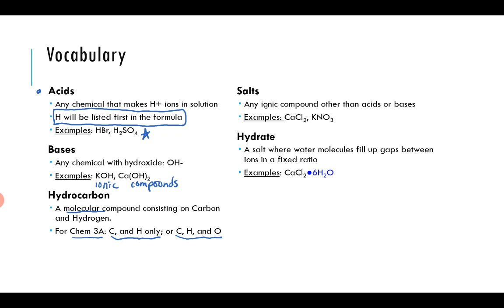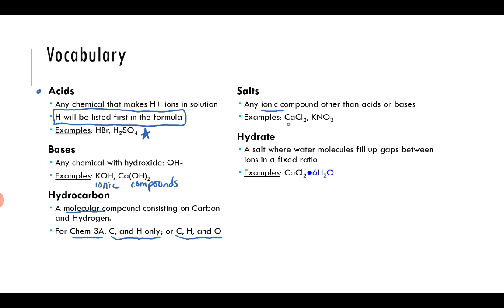Next up, we have salts. Salts are any ionic compound other than an acid or a base. None of the acids are ionic compounds. All the acids are molecular in some way. But for salts, we are looking for ionic compounds.